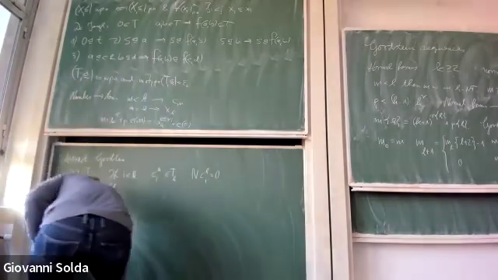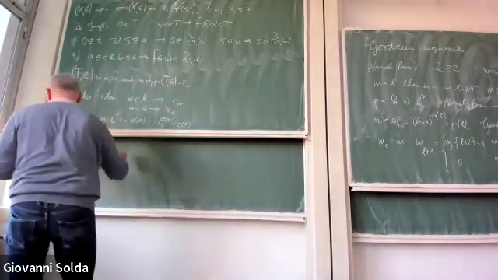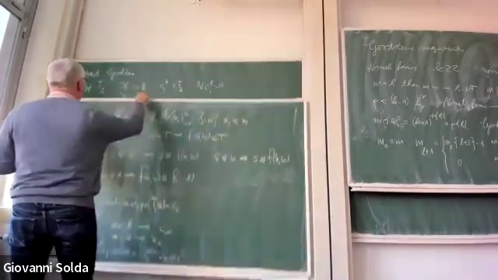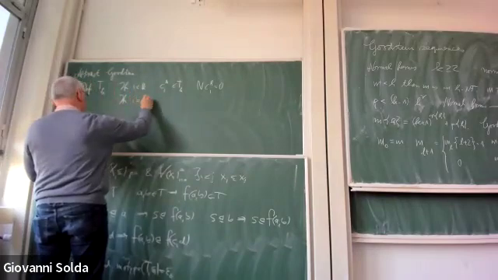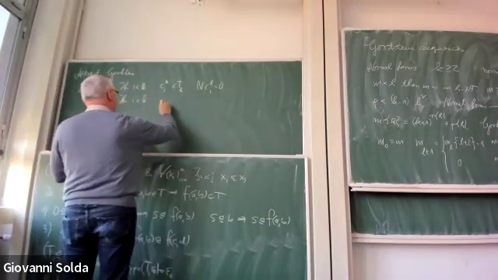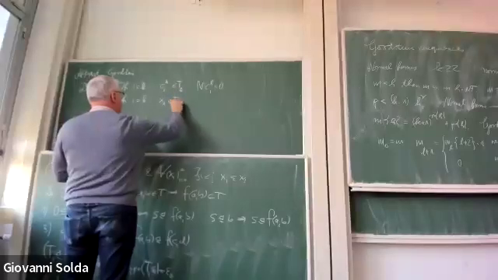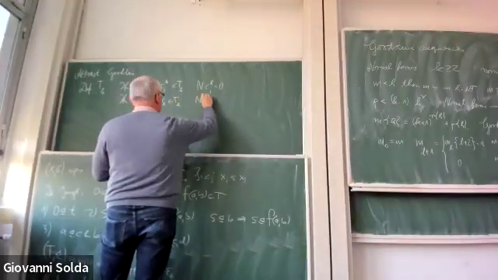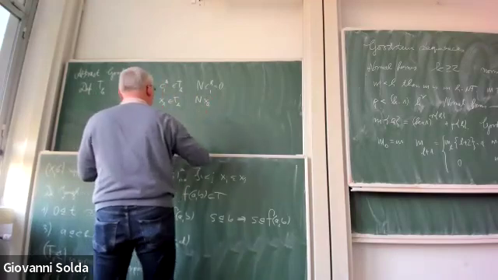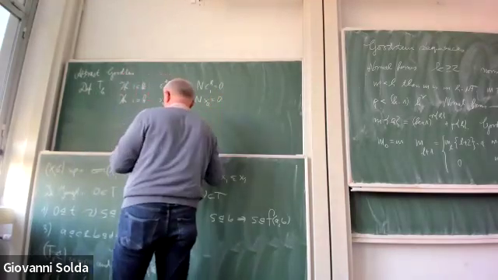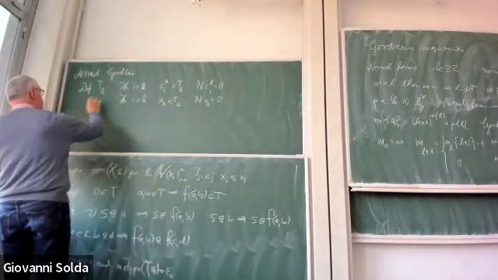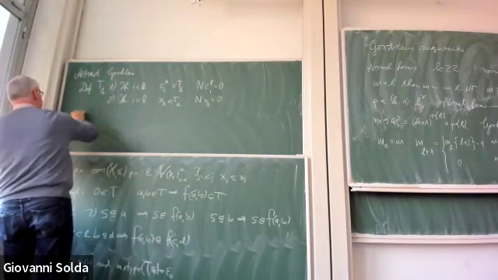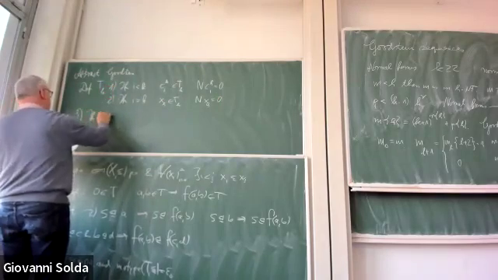Let's say that the norm of k is, and the third is, a and b.